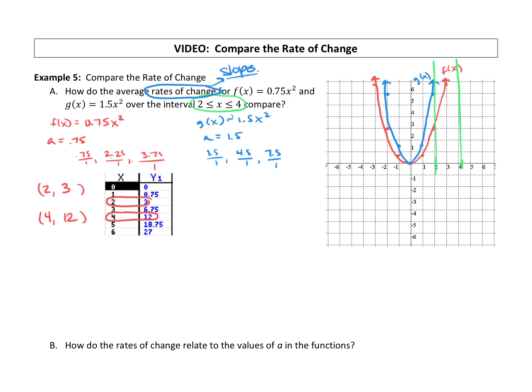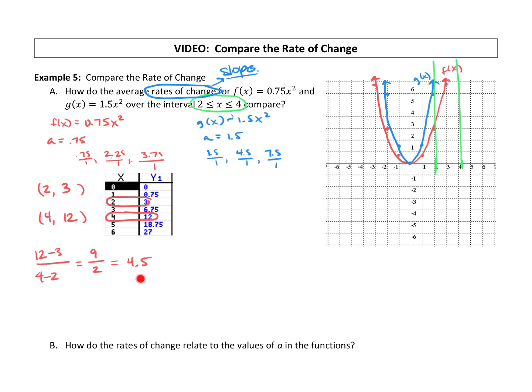And now I can find the slope, or the average rate of change. Slope is y2 minus y1, so we're going to take 12 minus 3 over x2 minus x1, 4 minus 2. 12 minus 3 is 9 over 2, which gives us an average rate of change of 4.5. So what that means is as our function is moving from 2 to 4, on average, it's increasing 4.5 units.